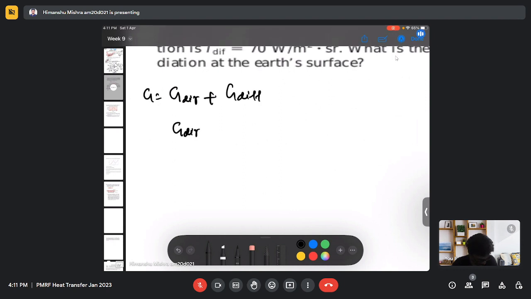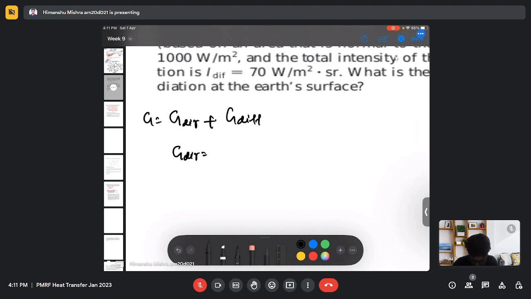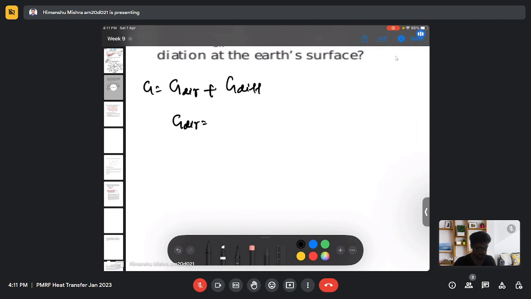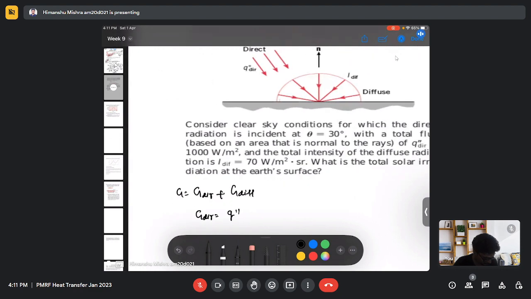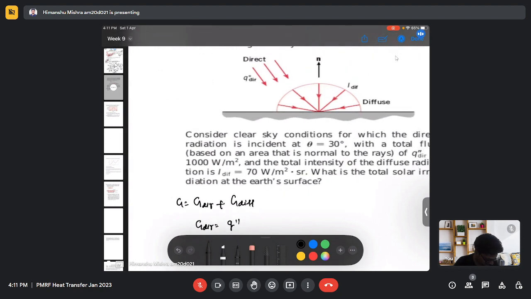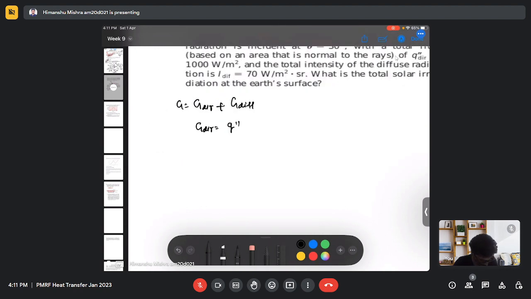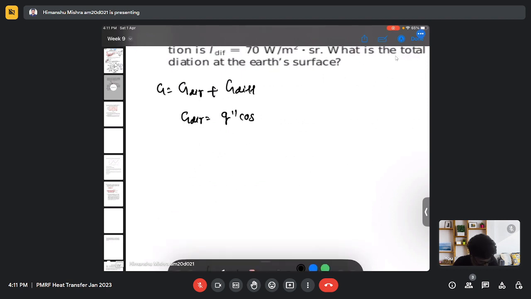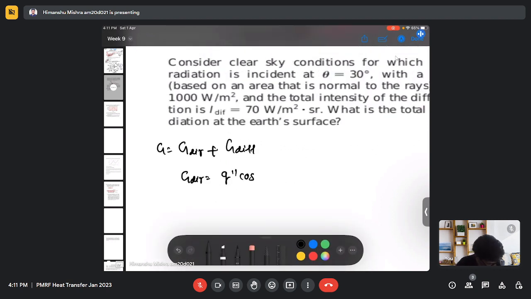For the solar radiation, I am given the heat flux, and it is coming at an angle theta of 30 degrees.